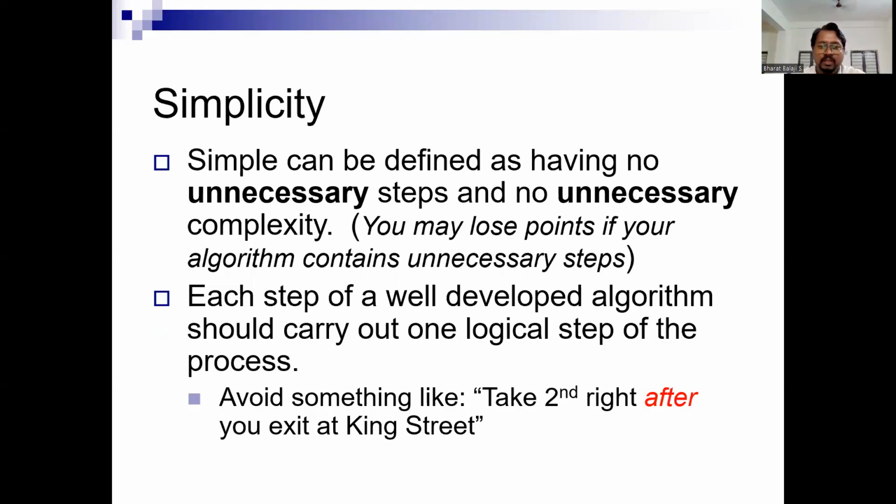Coming to simplicity, these are the different characteristics of an algorithm: precision, simplicity, and abstraction. Simplicity means the problem must be simple enough for everyone to understand. A common man has to understand it so that he can solve that particular problem. Simple can be defined as having no unnecessary steps and no unnecessary complexity.